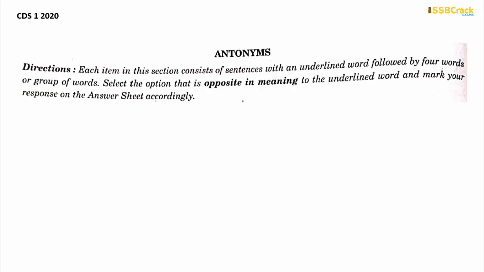So now you know, if you're not very sure about the meaning of antonyms, and most of you feel a little bit confused when synonyms and antonyms come together, you can understand from the directions that antonyms means you need to find out the words given in the questions and their opposites from the answer options. So let's start by looking at the first question under antonym section from CDS 1 2020 English question paper.